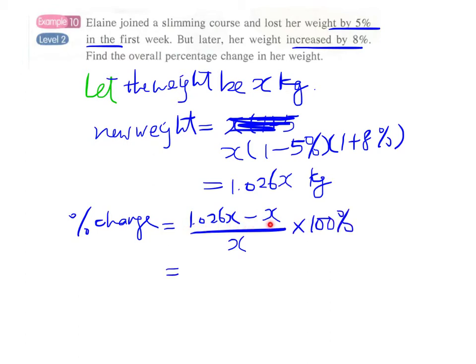These two terms can be simplified, which gives 0.026x over x times 100%. Finally, we can cancel out the x. Therefore, we have the answer, 2.6%. This will be an increase in her final weight.